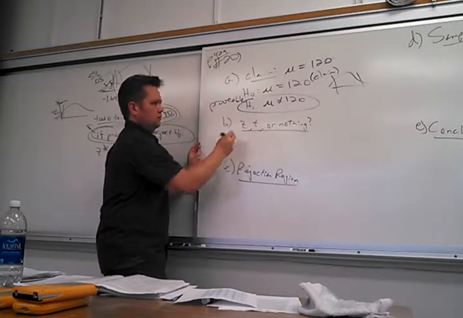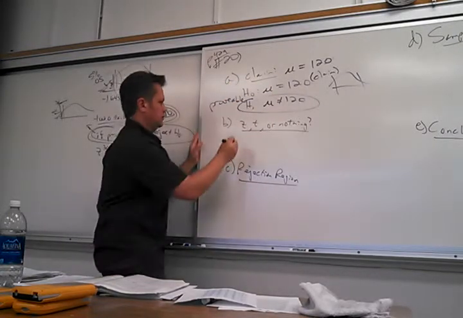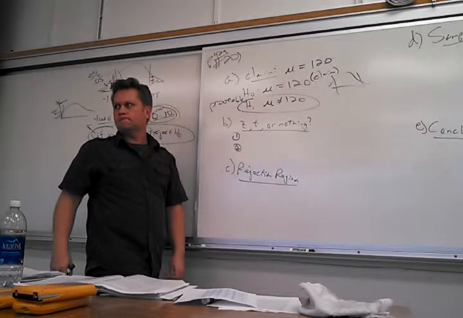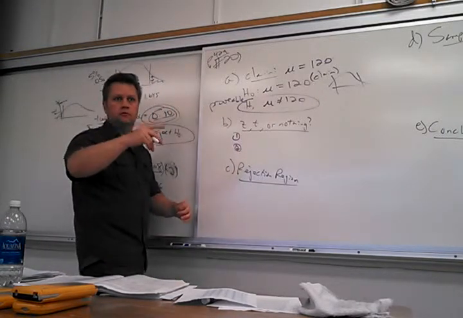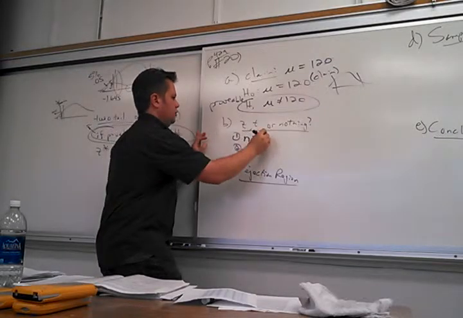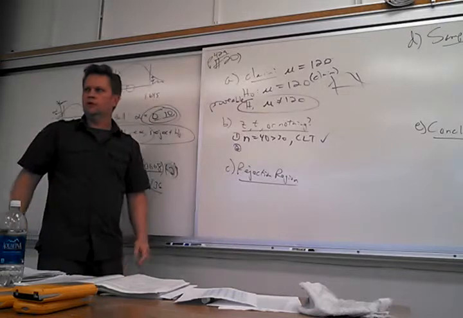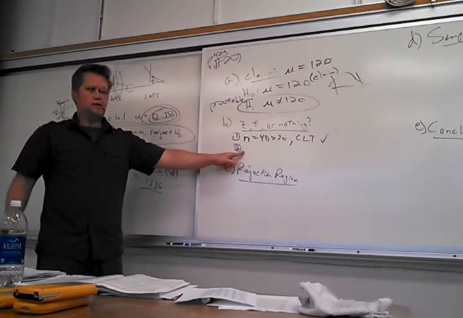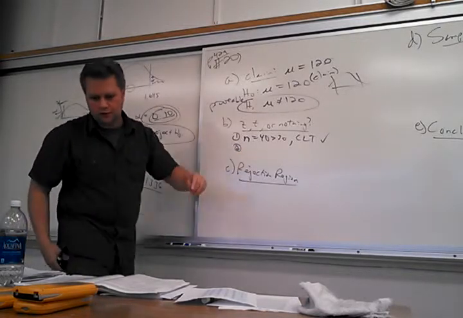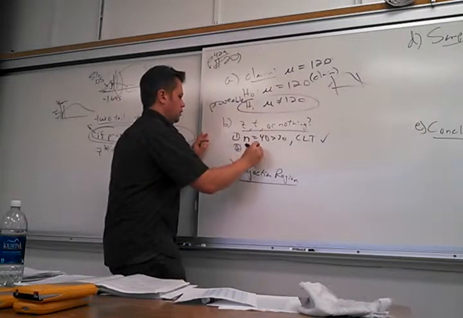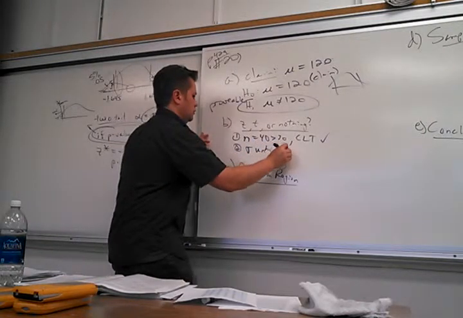Z, T, or nothing. What do we look at? Two things. Normal. It's normal. Why is it normal? N equals 40, greater than 30. Central limit theorem says good. Sigma is known, so... Careful. Where does our standard deviation come from? Oh. It's the sample. So sigma is unknown. So what do we use?